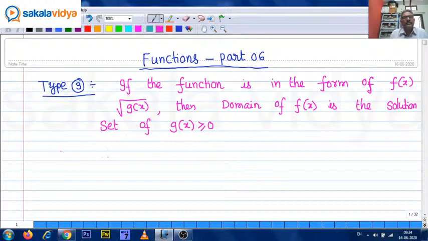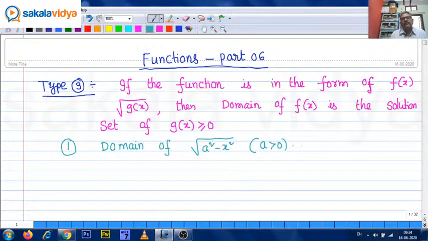Let us discuss one concept problem here. Domain of root of a square minus x square, here a greater than 0. So what is the answer? Anybody? Let us have an interactive session.